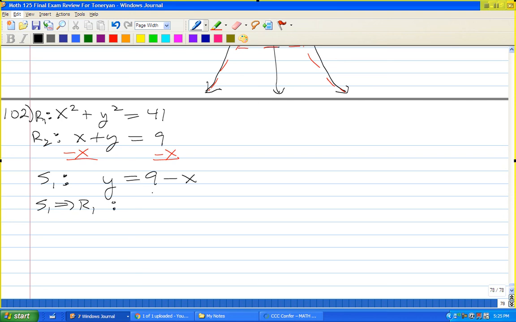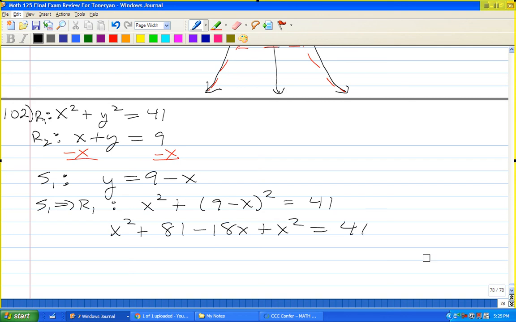So if I do that, I'll get x squared plus y, which is (9 minus x) squared, equals 41. So I get x squared plus 81 minus 18x plus x squared is 41, using the special product formula. Combine like terms, so I get 2x squared minus 18x plus 81 is equal to 41. Let me subtract 41 from both sides of my equation.